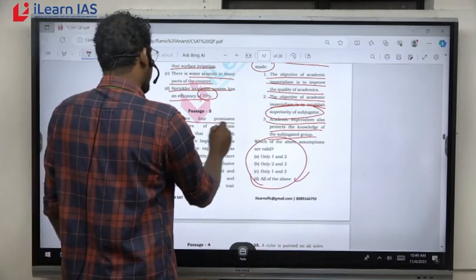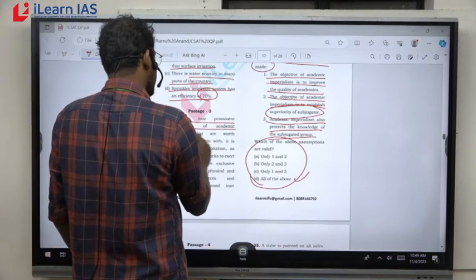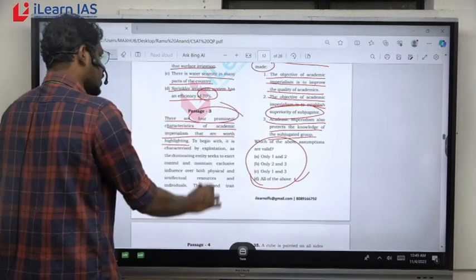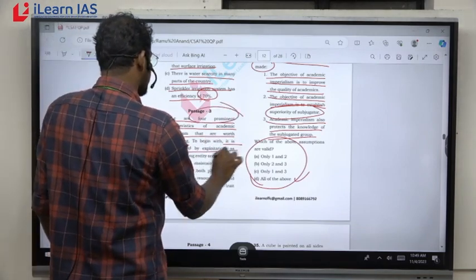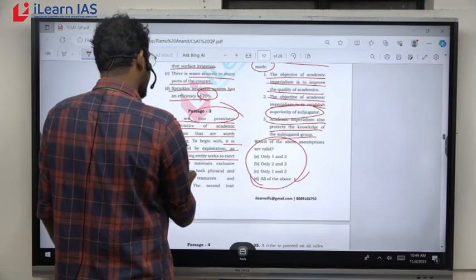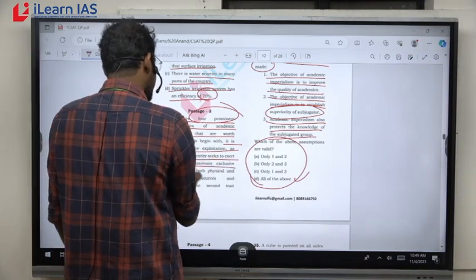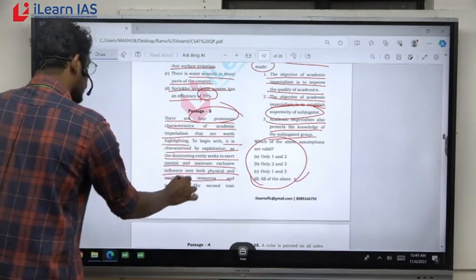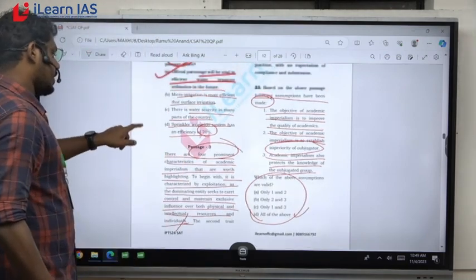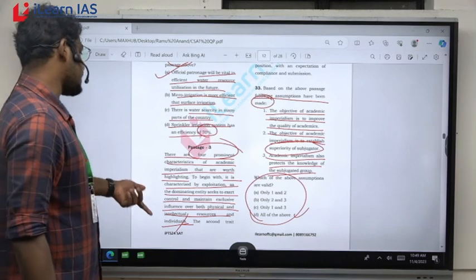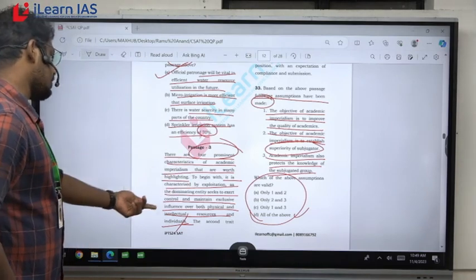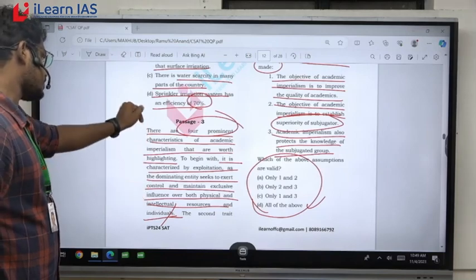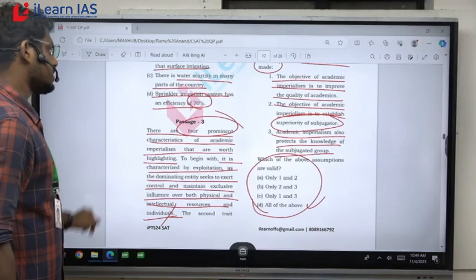There are 4 prominent characteristics of academic imperialism that are worth highlighting. To begin with, it is characterized by exploitation, as the dominating entity seeks to exert control and maintain exclusive influence over both physical and intellectual resources and individuals. So let's stop here. The first part says that academic imperialism actually exploits the education system.